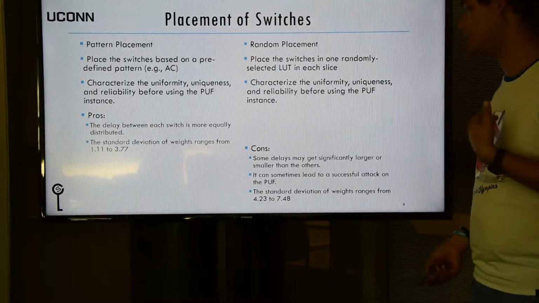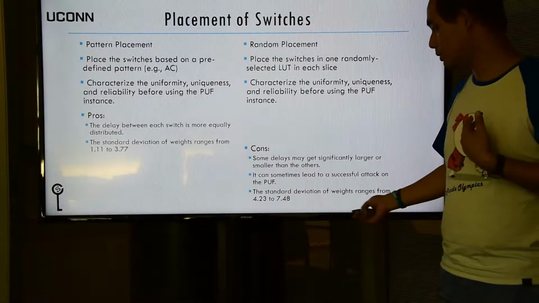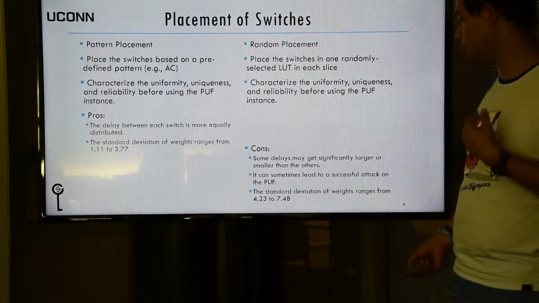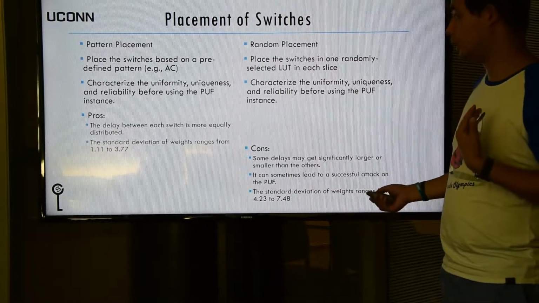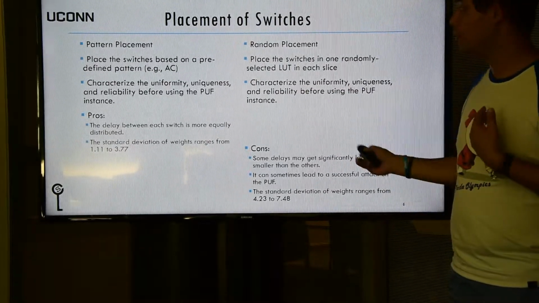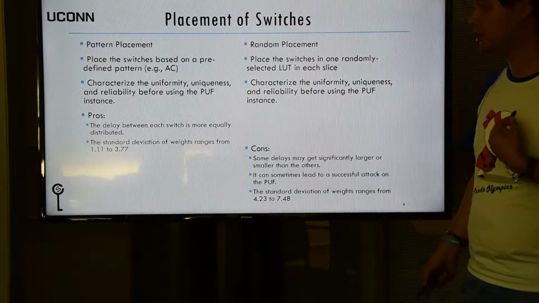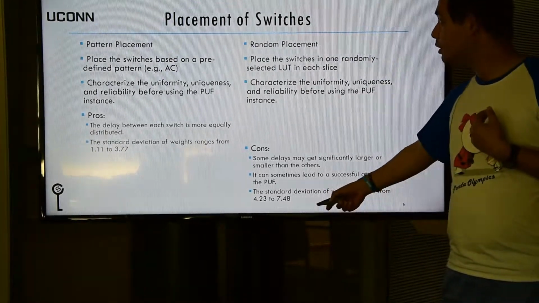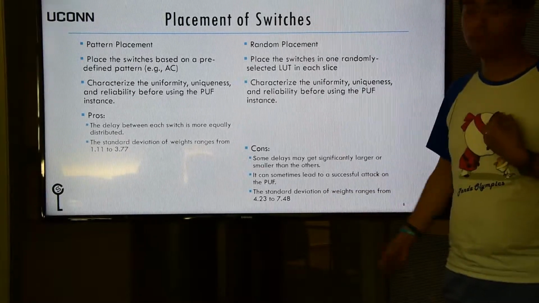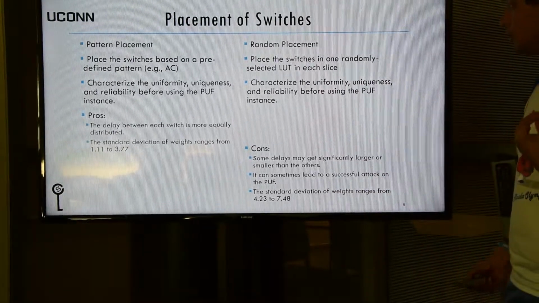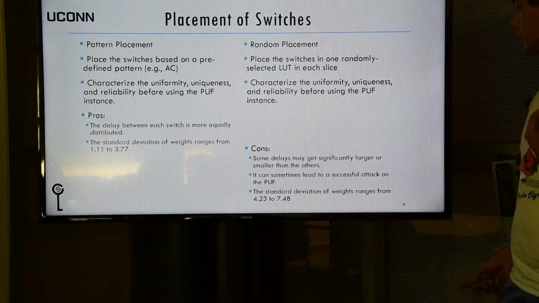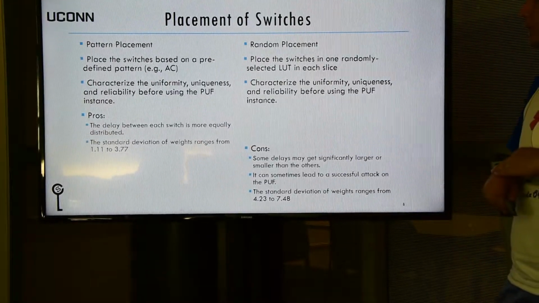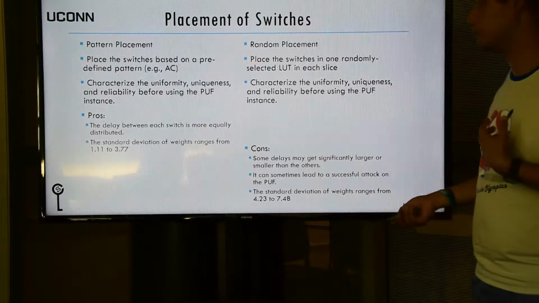We also did some study on our implementation, and we show that the standard deviation of the weights is different in these two placement tricks. Clearly, the standard deviation in randomly placed arbiter paths is much larger than in the arbiter paths generated by pattern placement.